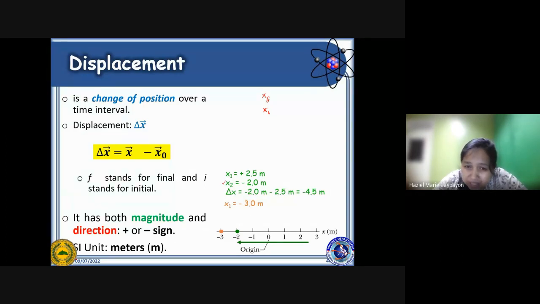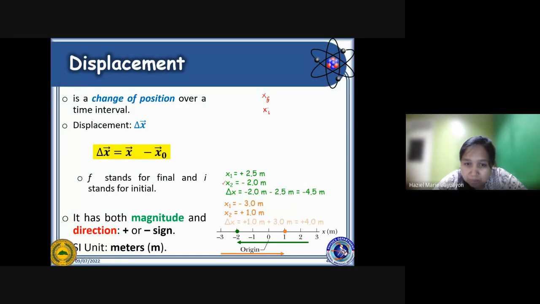Okay. Let us take a look at the orange dot. Initially, its location is at x equals negative 3 meters. And then it moves, and its final location is at x sub 2, which is equal to positive 1 meter. Now, the question is, what is the displacement of this orange particle?